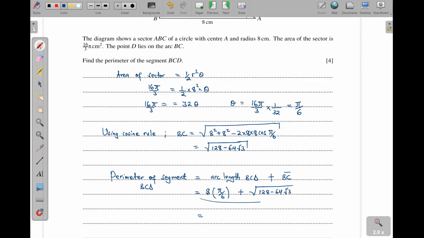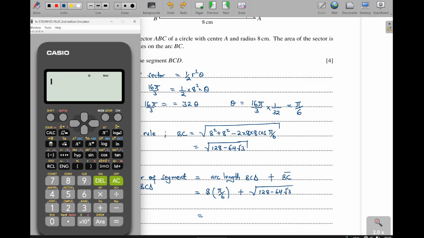Then we can put the whole of this in the calculator, and write our answer to 3 significant figures. You should know that here the calculator has to be in radians. Mine is in degrees, so I have to convert. So we have shift, mode, rad is 4. Then we have 8 times pi over 6, then plus the square root of 128 minus 64 root of 3.